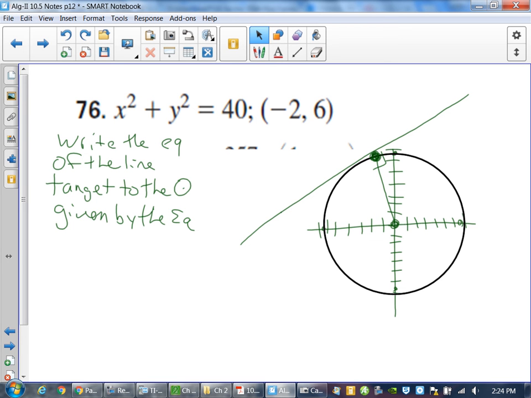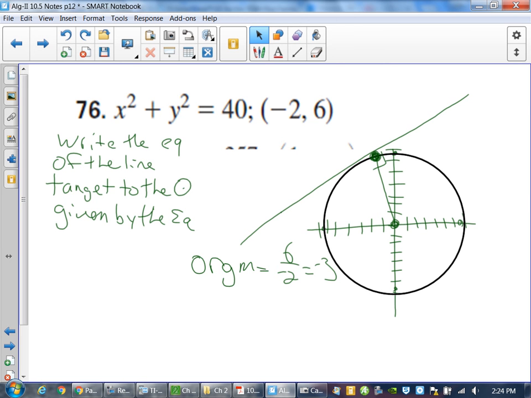So in order for something to be perpendicular to the radius, you have to mess around with their slopes. The slope of my radius, moving up and left, or down and right, is going to be a negative slope because I went up 6 and left 2. So the original slope is 6 over negative 2, otherwise known as negative 3.